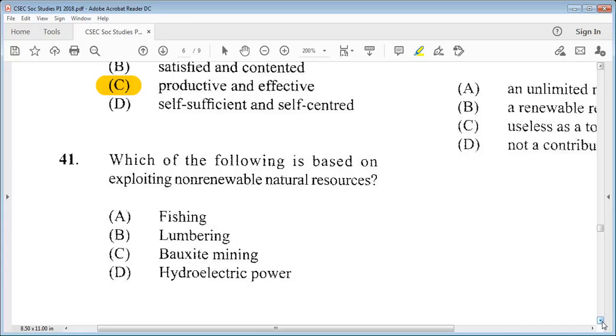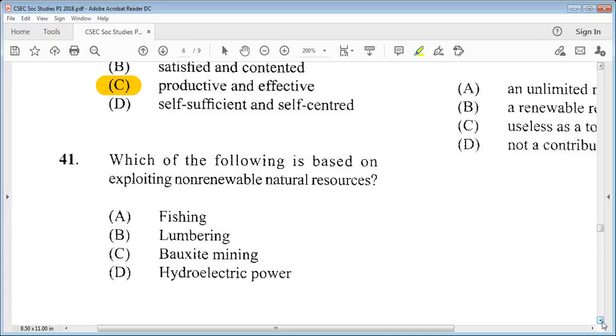When you exploit something, it means that you make use of, for example, a resource to derive some benefit from it, right? So from our four answer options here, how would one exploit a non-renewable natural resource?